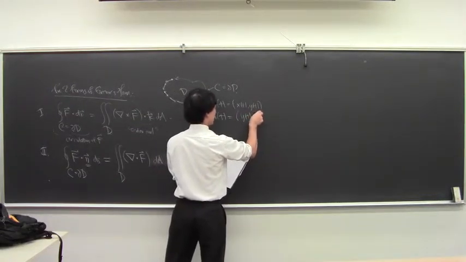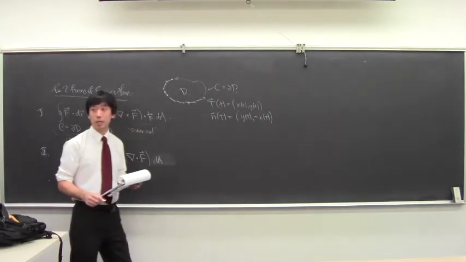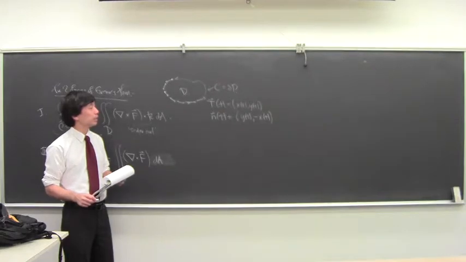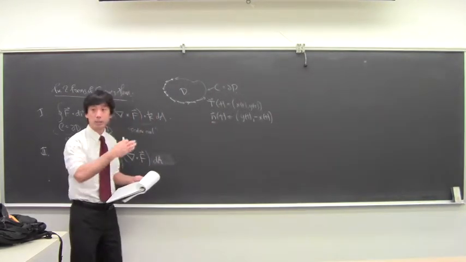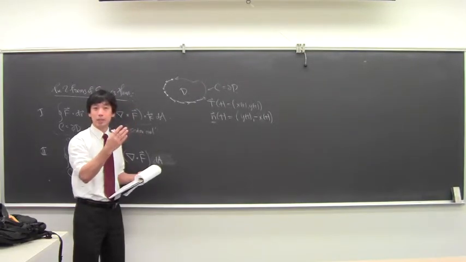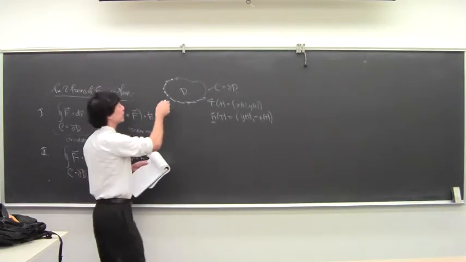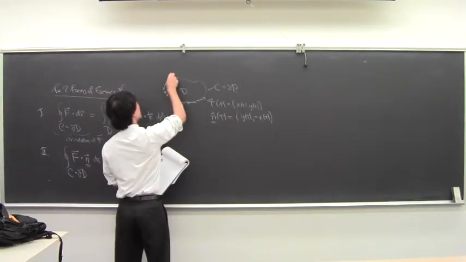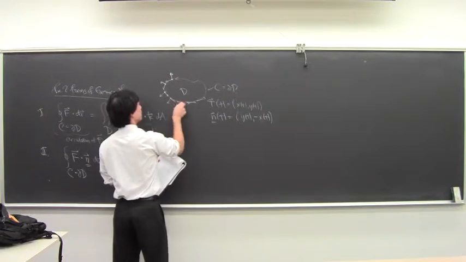(y'(t), -x'(t)). So what it's supposed to be is perpendicular to the tangent, and pointing outwards. Geometrically, it should be this guy, the outward unit normal.